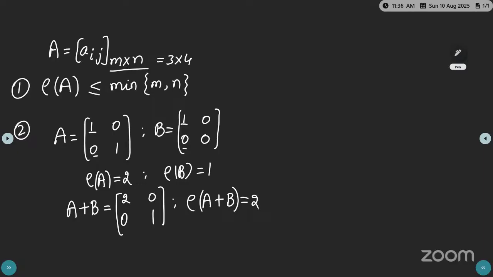Rank of A plus B is equal to rank of A plus rank of B.